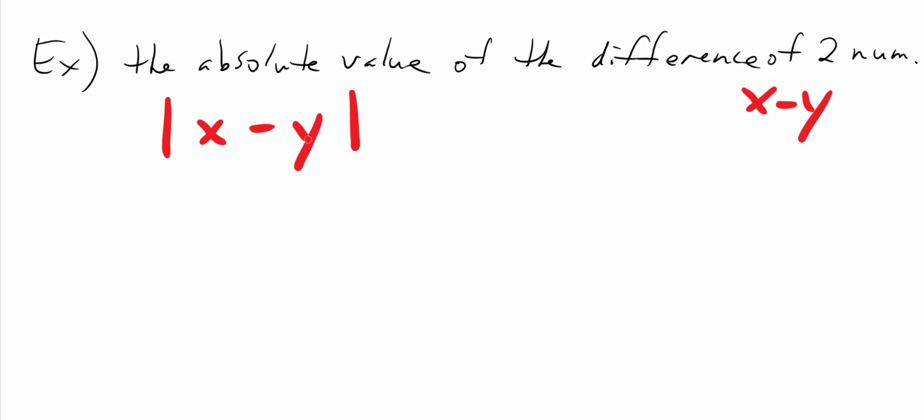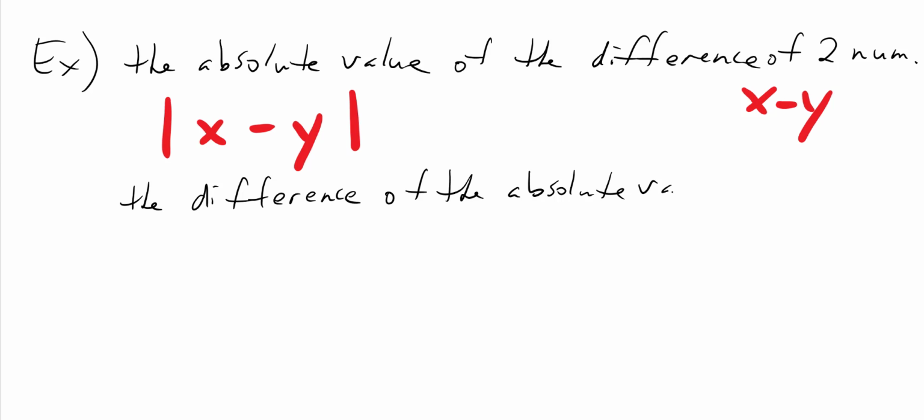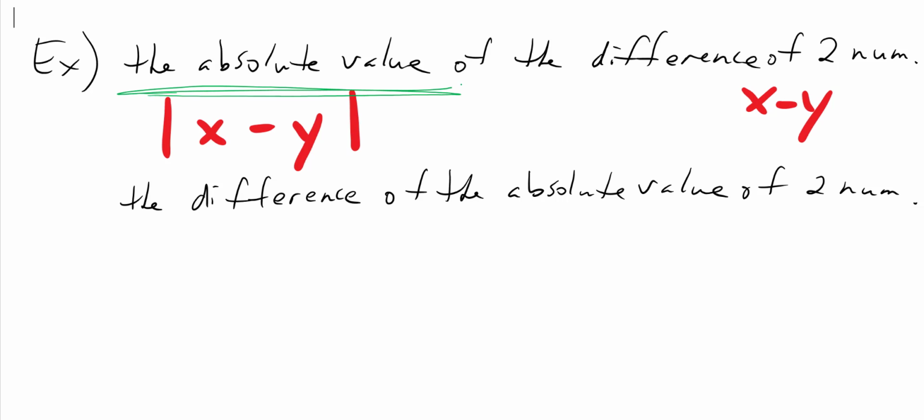Done. Okay, now that's different than this example when I say the difference of the absolute value of 2 numbers. So think about that. This first one said the absolute value of the difference, so it's the absolute value of this difference.